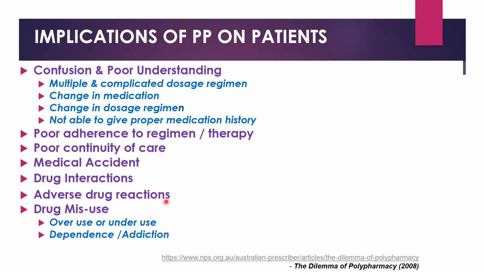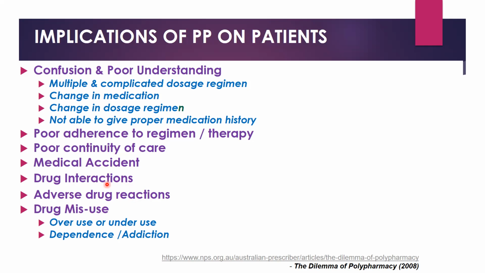Also, it leads to drug interactions. There will be separate lectures on drug interactions. If you're on more than one medication, especially those with a narrow therapeutic index, you need to be very careful of drug interactions.